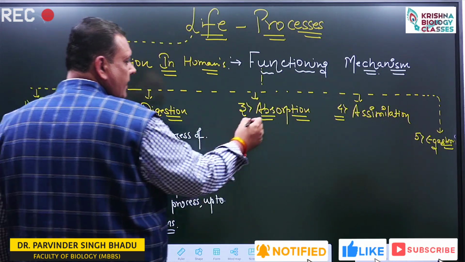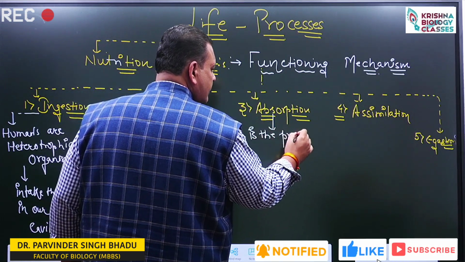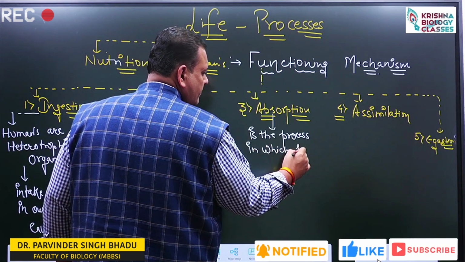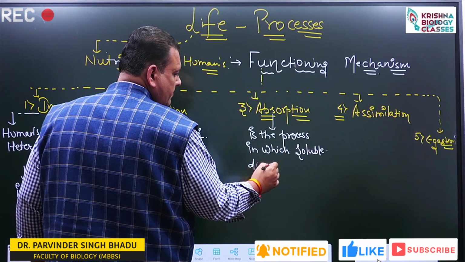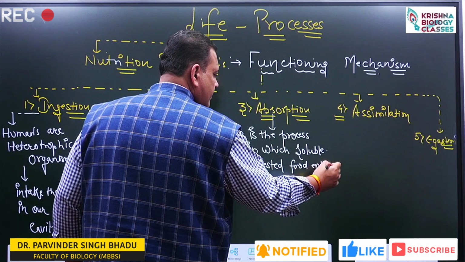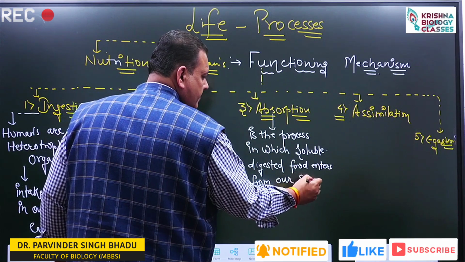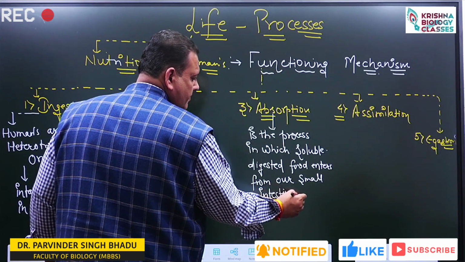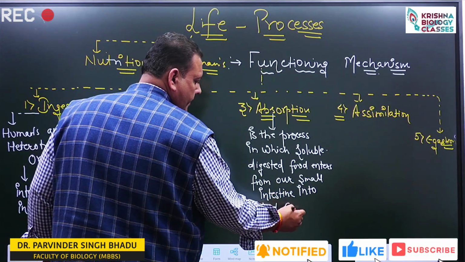So absorption is the process in which soluble digested food enters from our small intestine into blood capillaries.